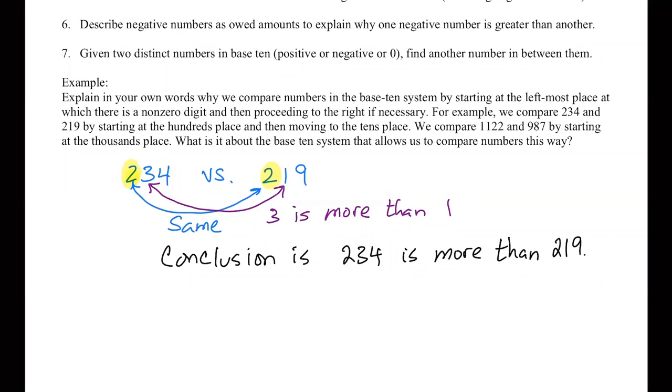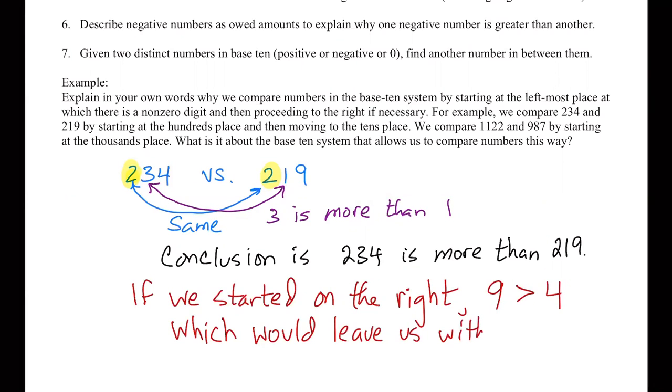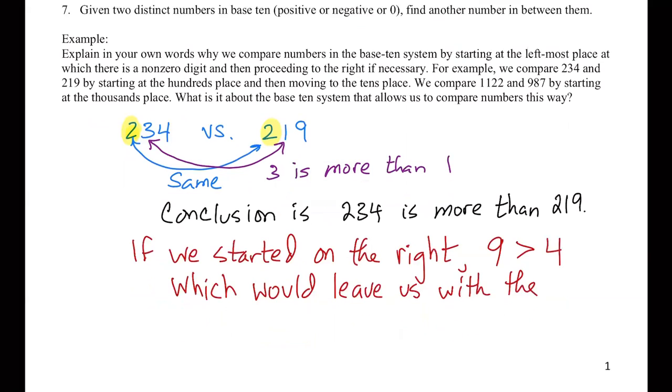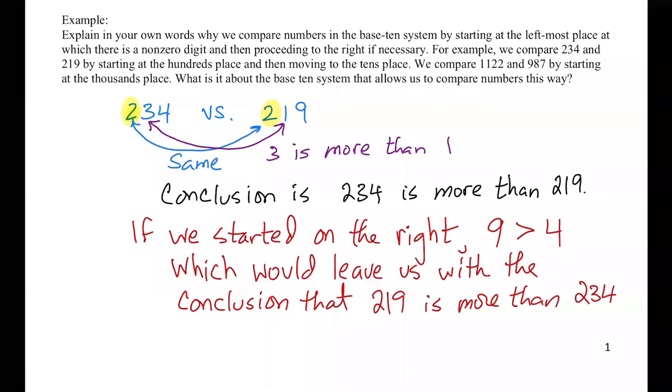There's a few different ways that you can explain it, but the idea here is, if we started on the right, we'd be looking at 9 being greater than 4, which would leave us, because it's not the same, jumping immediately to the conclusion that 219 is more than 234, which is not true.